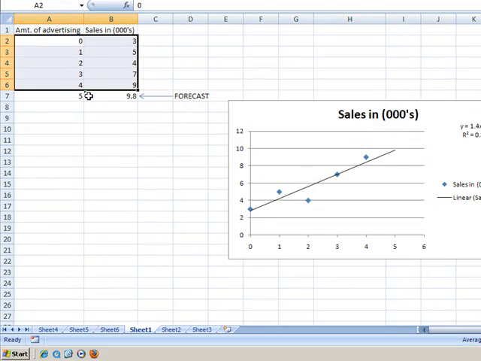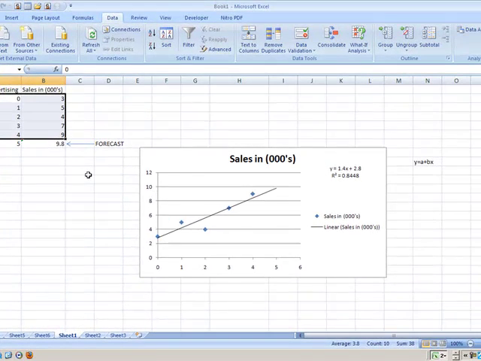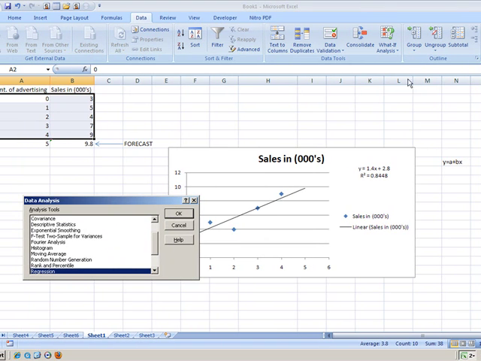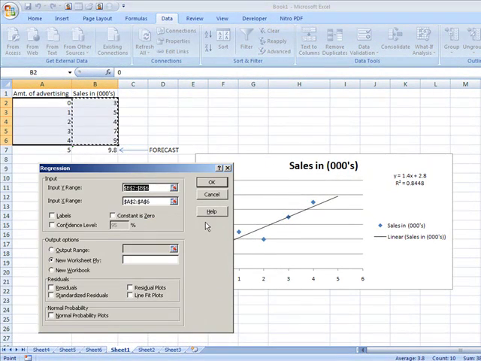Let's point out one final way of obtaining this information. We can go to data analysis again, and this time we can choose regression, and click OK. We define where my Y value is, where my X value is, and where I'd like to put the results. As you can see, there are other items here which we are not looking at.